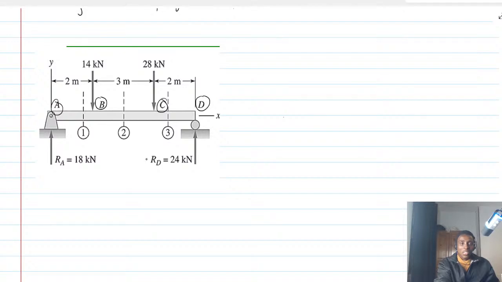They have already done it for us. So between A and B, you will take a section. Now let's see what happens when we take a section. So let's say I have A and B, and then I decide to take a section. This is what will happen.